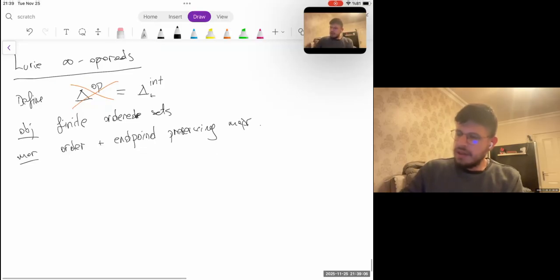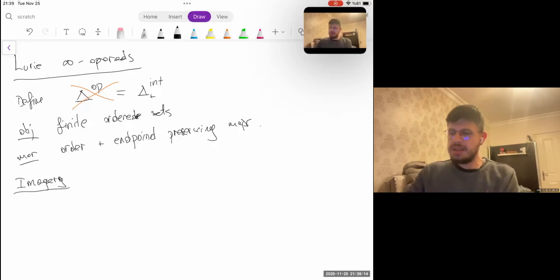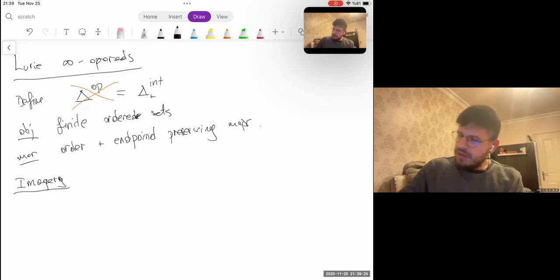And so let me describe the imagery corresponding to this category and what it encodes. So basically, we think of an object, a finite ordered set.